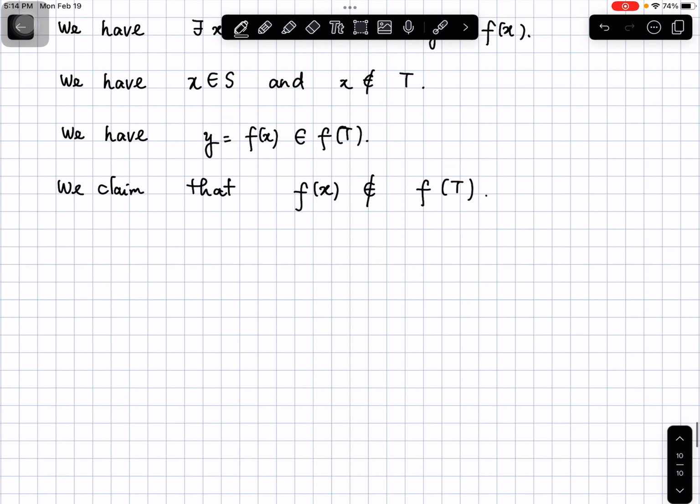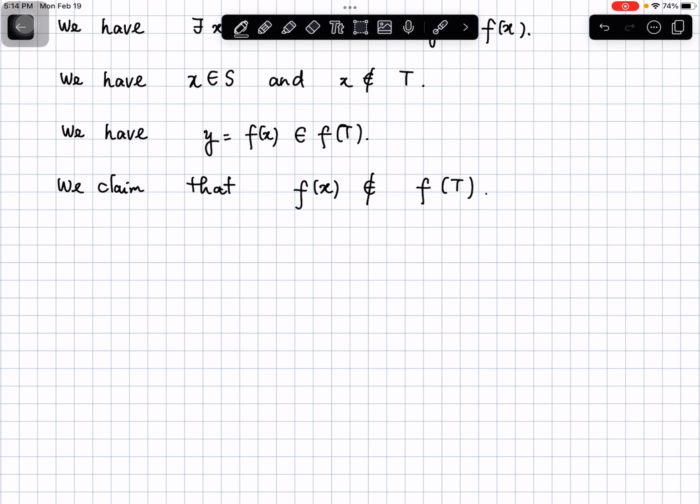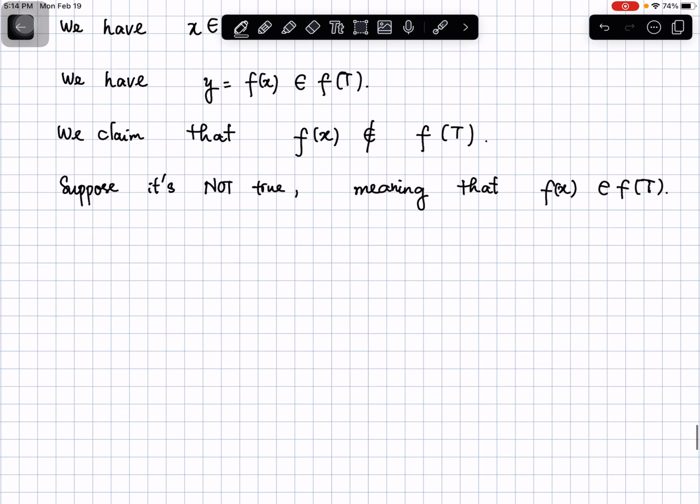Here's how this is true, because f is one-to-one. Suppose it is not true, meaning that f(x) is in f(T).